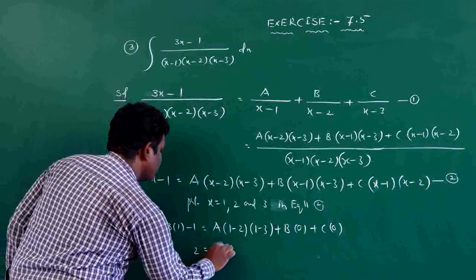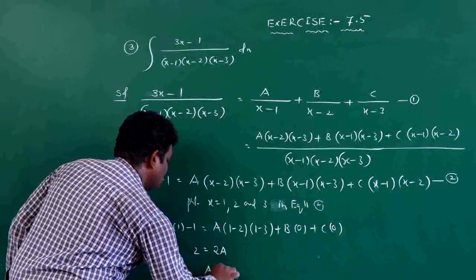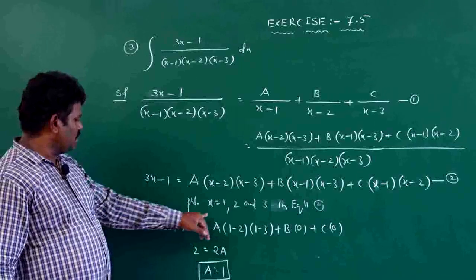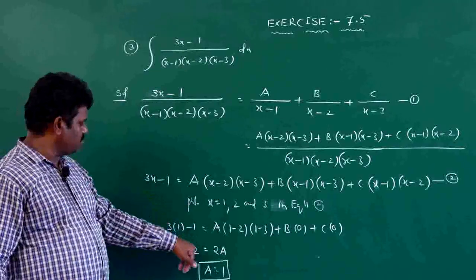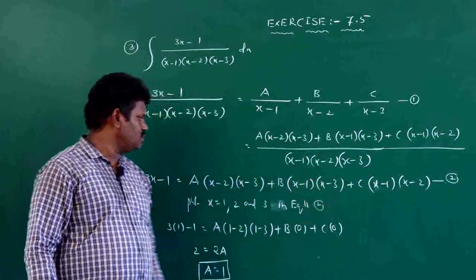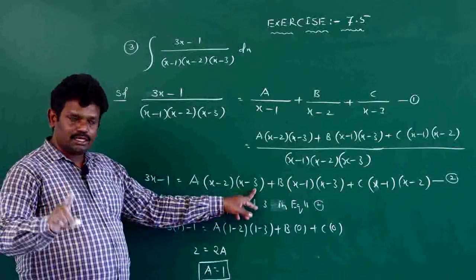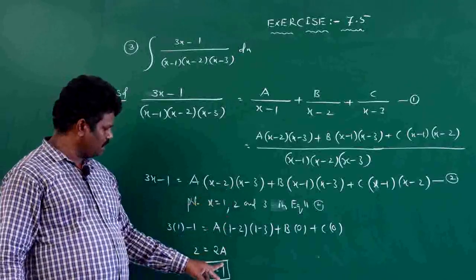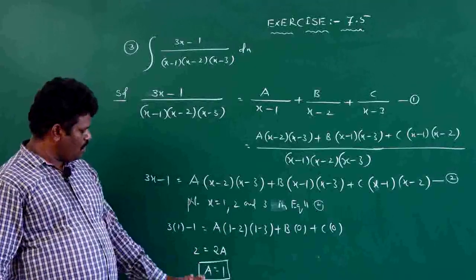So 2a, and a is equal to 1. Okay? Correct substitution. Here, with 1 substituted, 3 minus 1 is 2, and this value is 0 and this value is 0. So a is equal to 1.